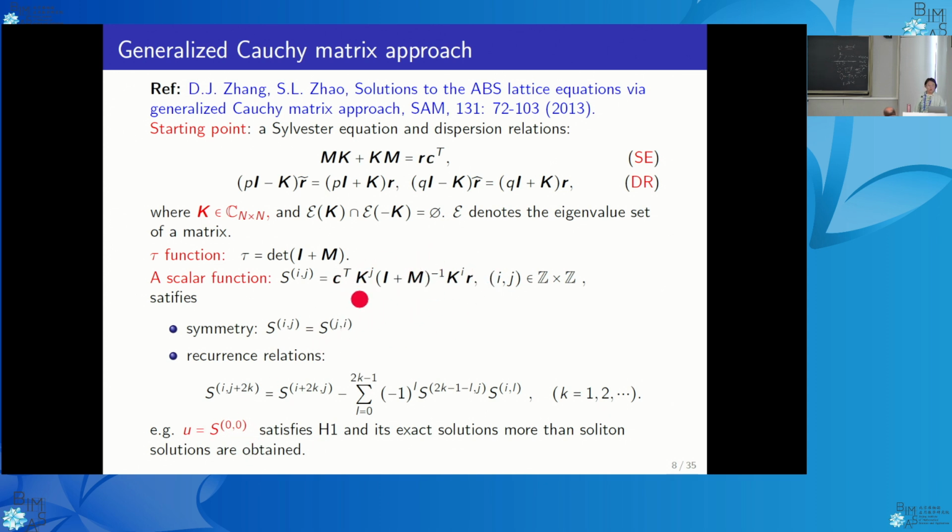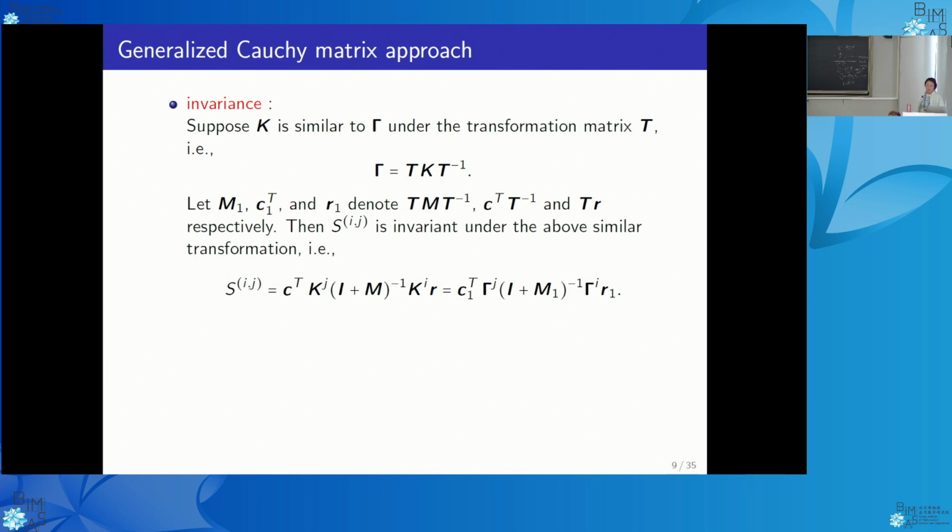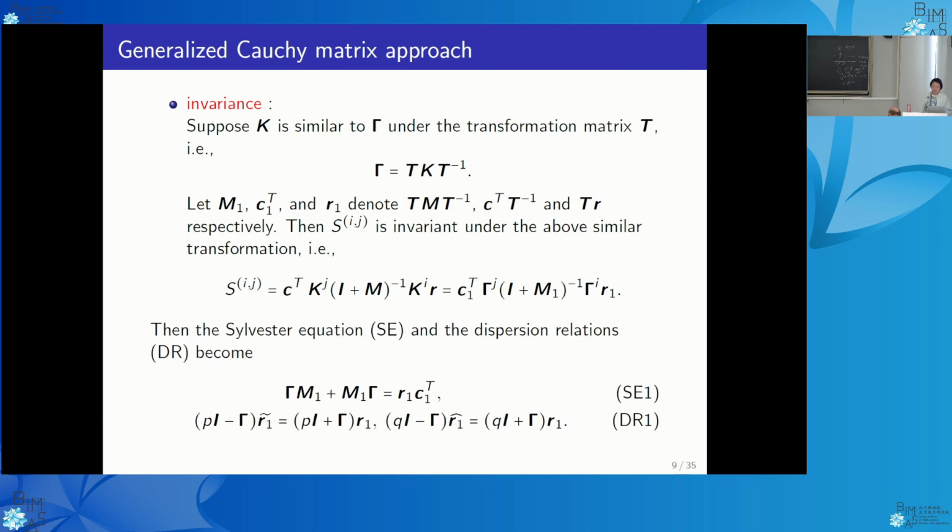But when we want to write out the explicit form of this solution, we would like to consider all the cases of K. To do that, they prove the invariance of the Sij function by introducing a transformation matrix T, and prove Sij is invariant under the similar transformation, as well as the Sylvester equation and the dispersion relations.